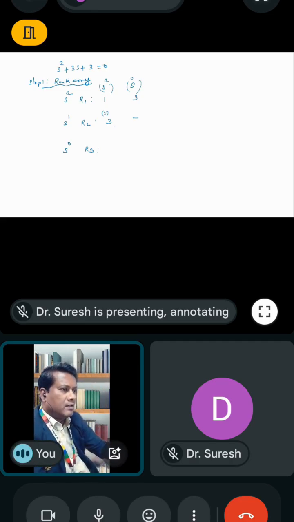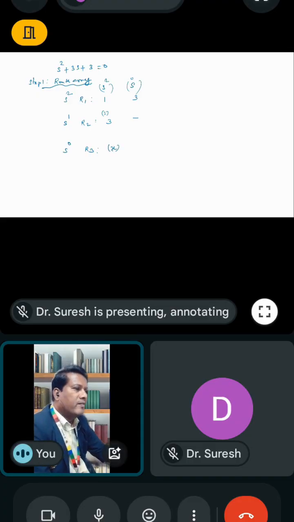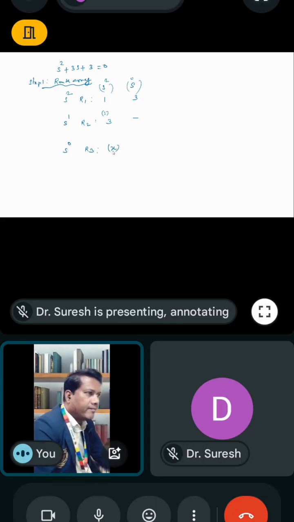We have to complete the row up to s power 0. In the s power 0 row, assume the value to be found is x.